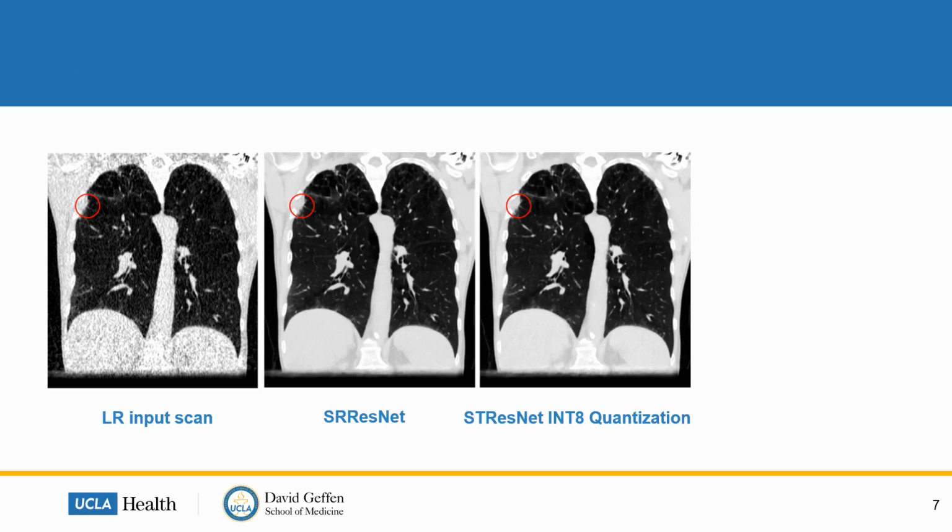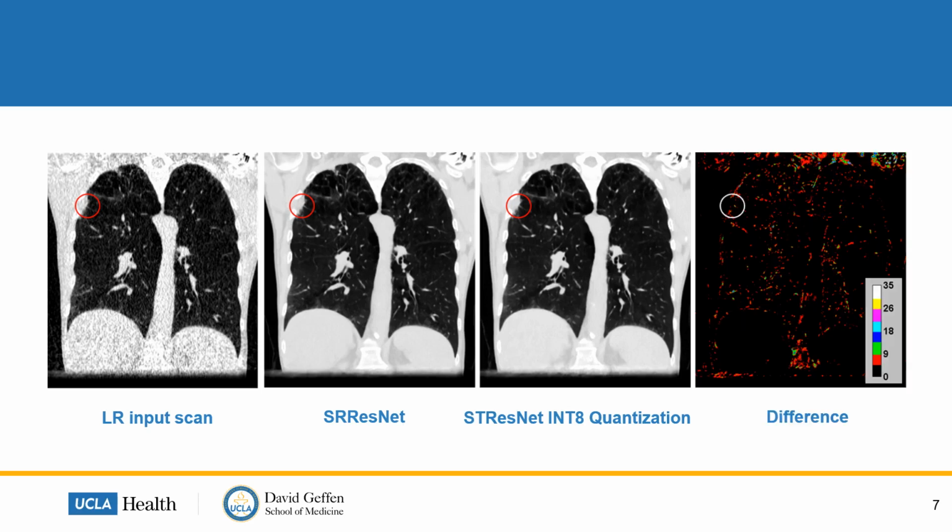It resulted in minimal perceptual differences to the baseline SRResNet. As the region of interest shows, the differences between the baseline SRResNet result and the 8-bit quantized ST-ResNet result at the nodule ROI region are visually imperceptible.